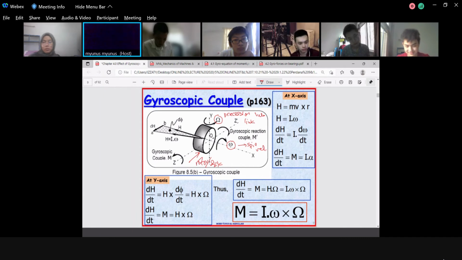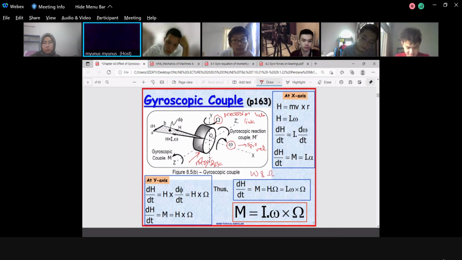So when you have these two, omega, spin and also precession, it is done with the thumb rule. And when you are going to decide the couple M, even though M is also known as moment, we put M as couple, then you use the right hand Fleming rule.